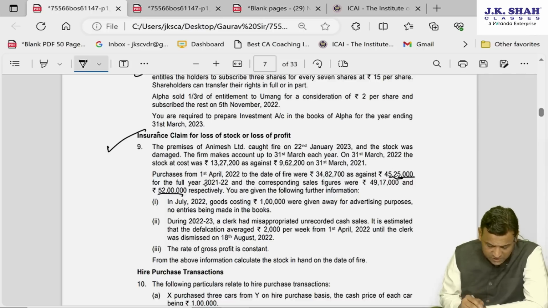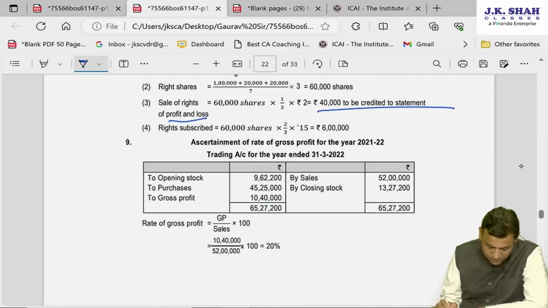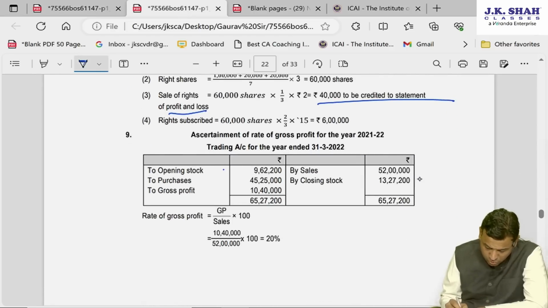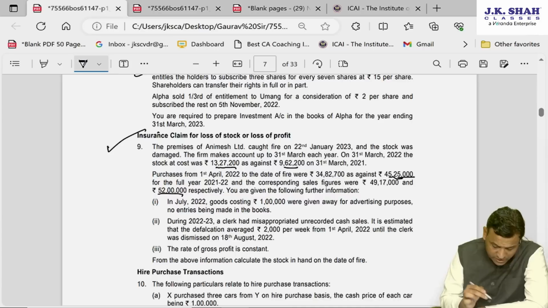So purchase and sales figures I have got. Opening and closing stock also they have given me. Yes, the 31st March 22 stock at cost was 1327,200 and 962,200. That is nothing but my opening stock. So here you are. Opening stock, closing stock 1327,200.